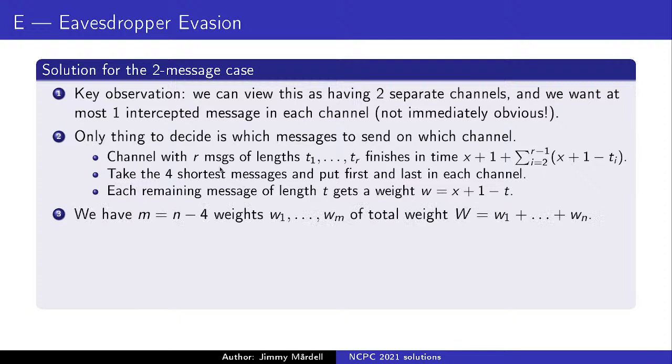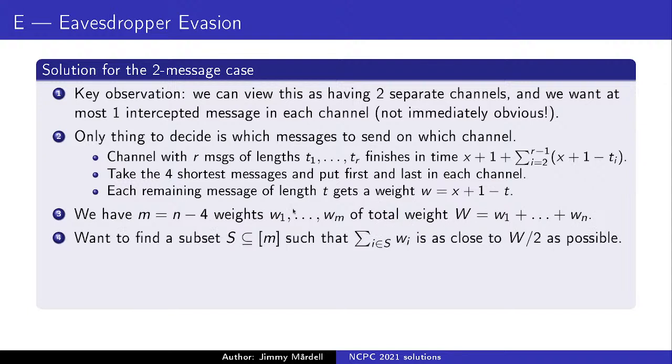So what we have now are n minus 4, let's call it m equals n minus 4 weights, w1 up to wm. These have some total weight, capital W, which is the sum of w1 up to wm. What we want is to find some subset of these messages such that the sum of the weights in this subset is as close as possible to capital W over 2.